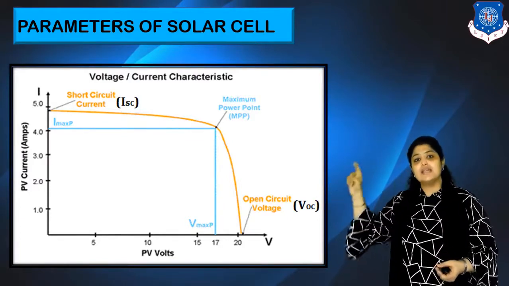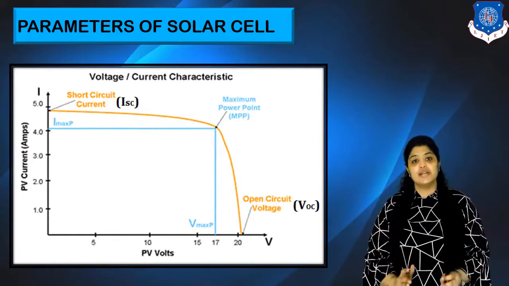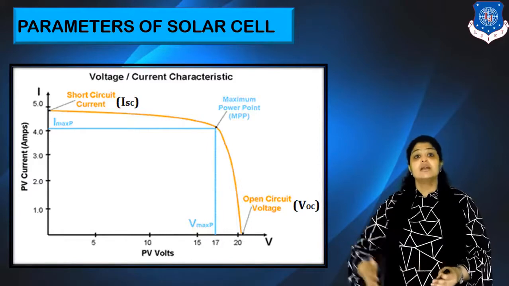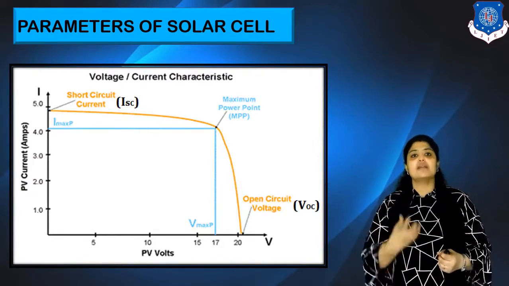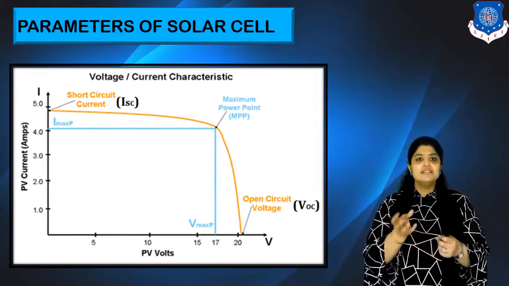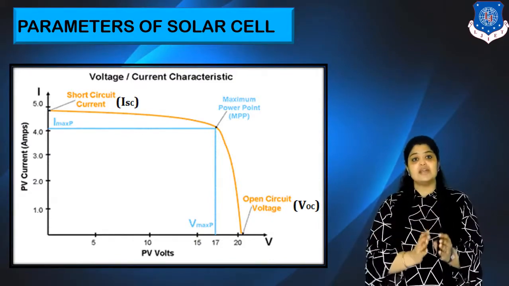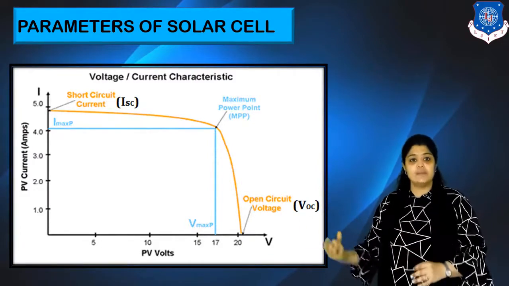The blue colored characteristic indicates the ideal relation between voltage and current for a solar cell, but the orange colored portion indicates the practical parameters. There is always a difference between ideal and actual. Ideal means what should be there, and practical means how exactly the solar cell behaves.